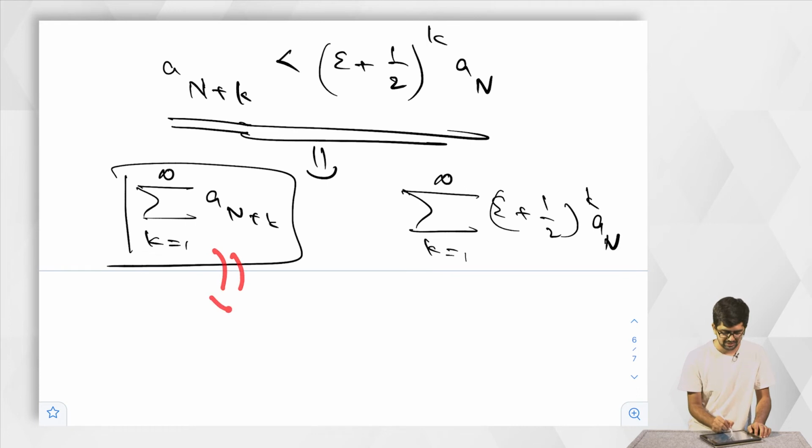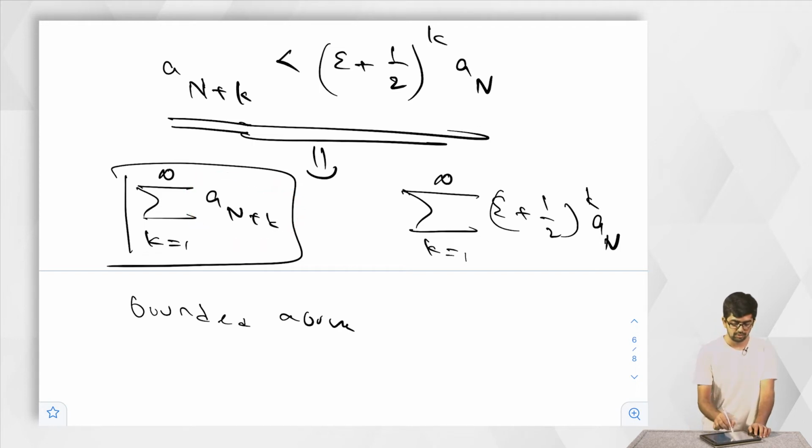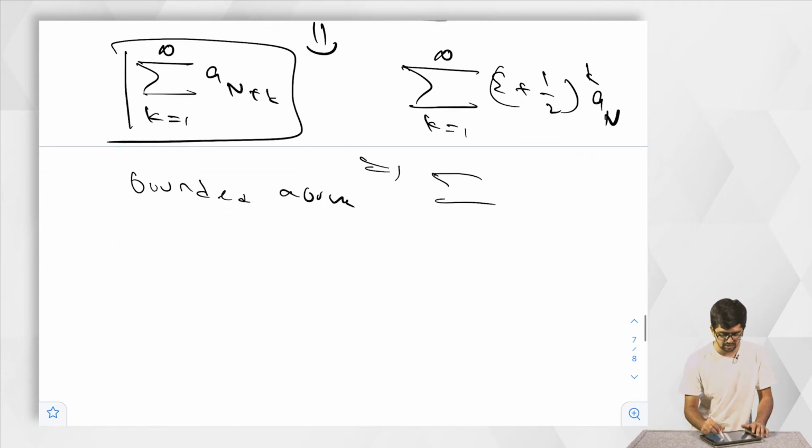So the sequence of partial sums associated to this series is bounded above, and all these are non-negative. So this non-negativity and this thing implies the summation k equal to 1 to infinity of a_{n+k} is convergent.